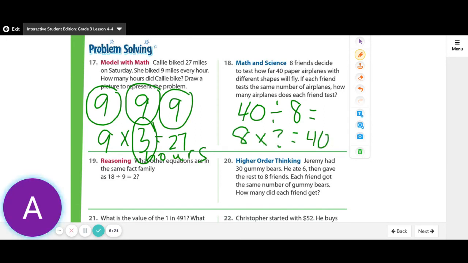I know 8 times 1 is 8. 8 times 2 is 16. 8 times 3 is 24. 8 times 4 is 32. 8 times 5 is 40. So I know that each friend will test 5 airplanes, because I know 8 times 5 is 40.